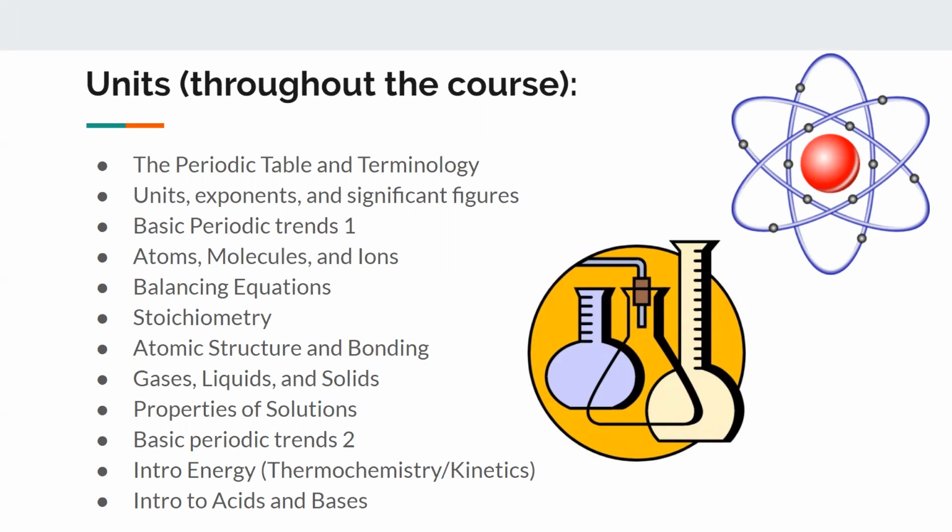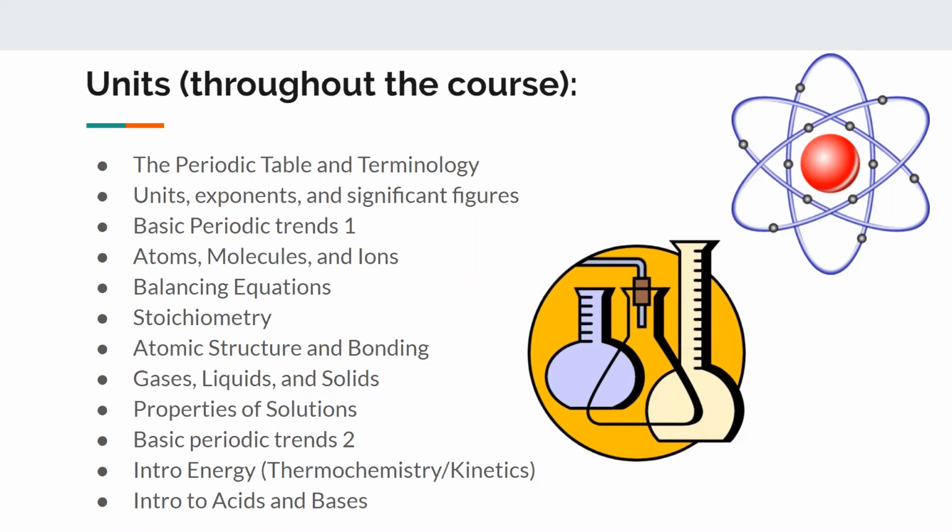These are the units that we will be going through in this course. It should cover grade level chemistry and some honors chemistry topics. I'm not sure what the curriculum is at all your different schools, but this should help with understanding a lot of the concepts that you'll be using in honors chemistry, AP chemistry, and maybe some further ones. Today we're going to be going through the periodic table and terminology, with some introduction to the units, exponents, and significant figures.